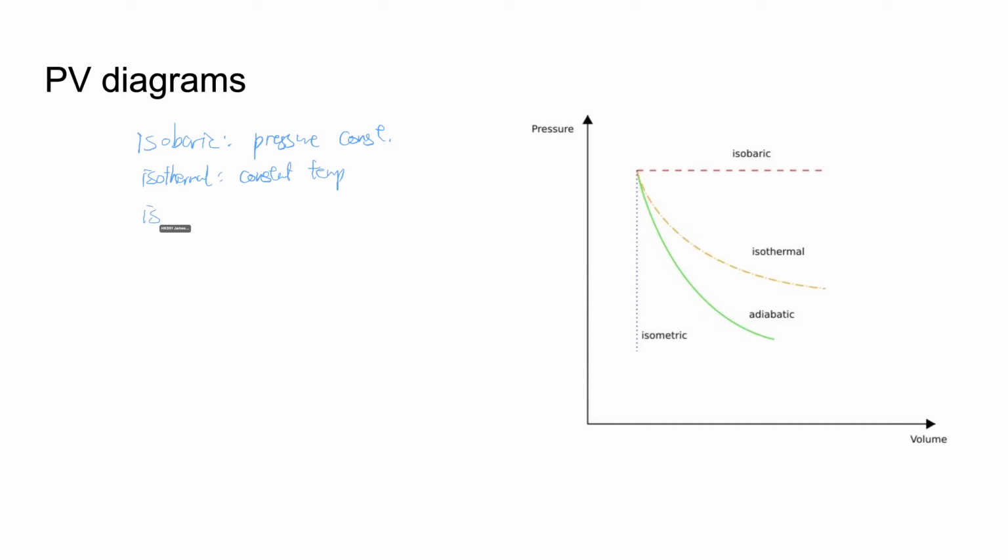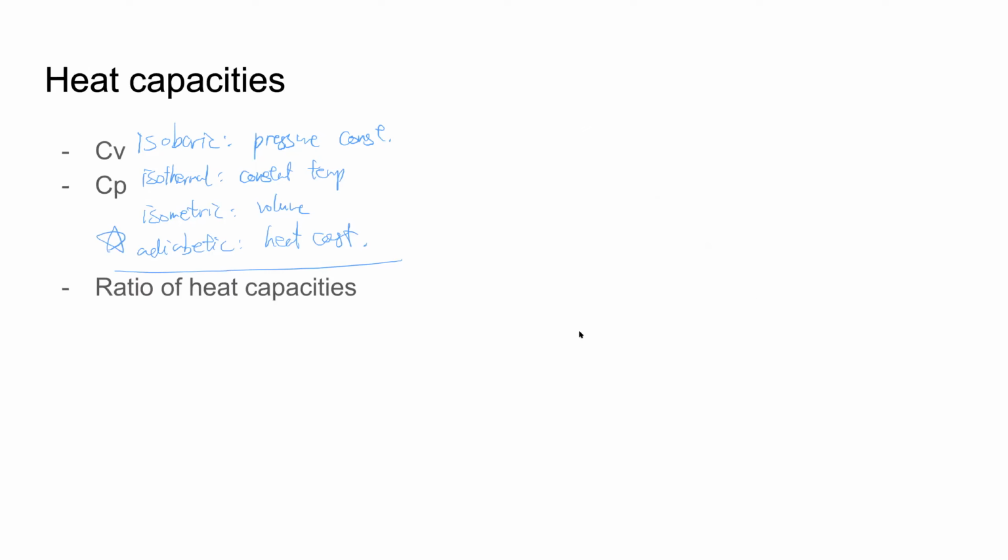Isometric is when the volume is constant. And adiabatic is when the heat is constant. And when the heat is constant, this is quite important. I'm going to talk about that later. So yeah, let's go on.